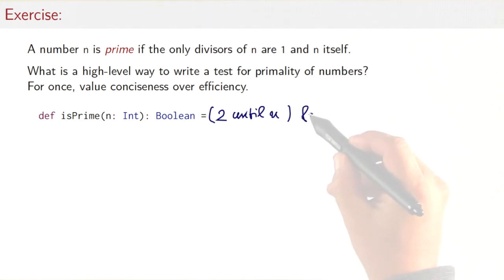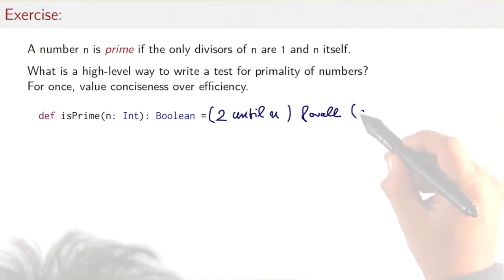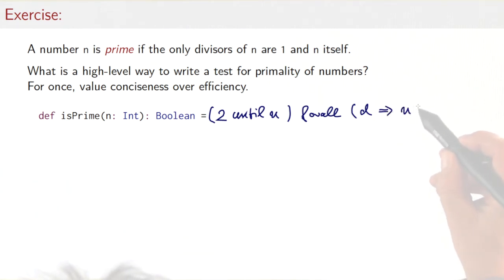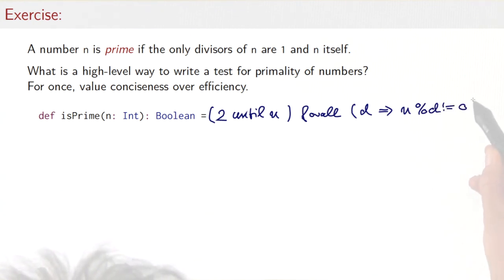And then there's a forall that should hold for all of these numbers. We give it a name, let's call it d. So what should hold is that n modulo d leaves a rest which is different from 0. So that's a very high level and short definition of what it means for a number to be a prime number.